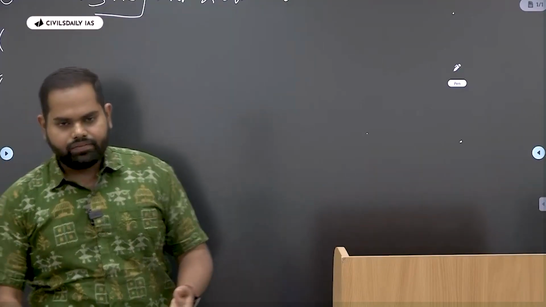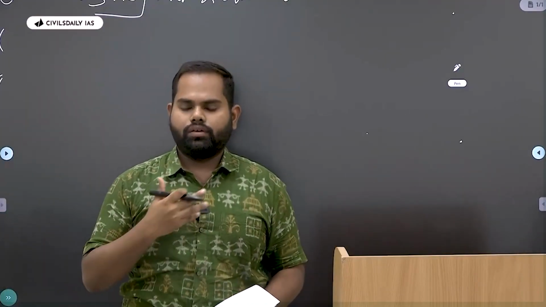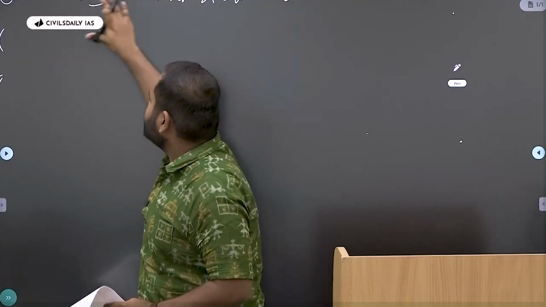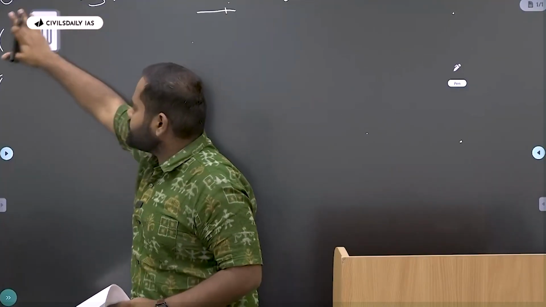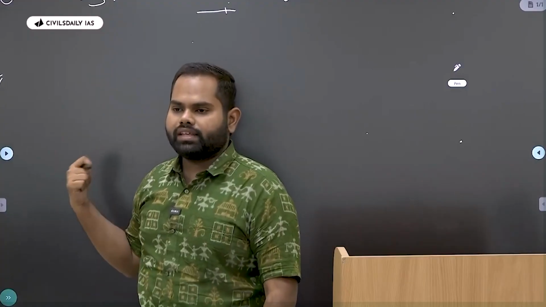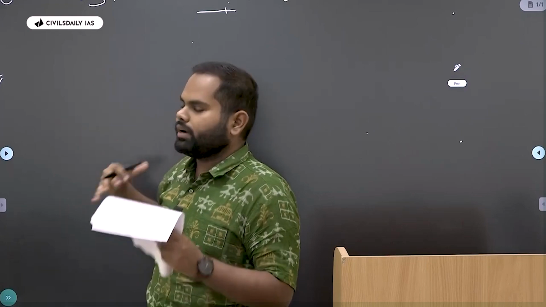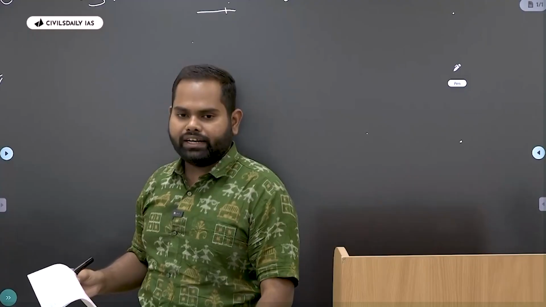One more thing, when we have the federalism concept, it's always, as we discussed, the concept of cooperative federalism by Granville Austin. Everything that we talk about cooperative federalism can become one particular theme that you have to read in detail.